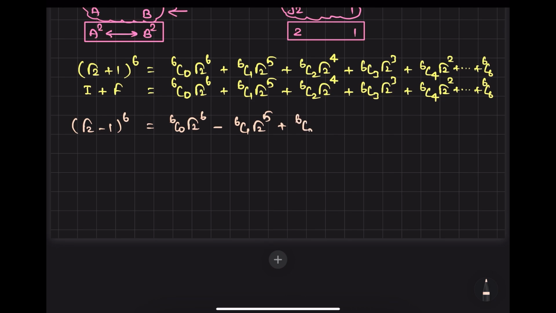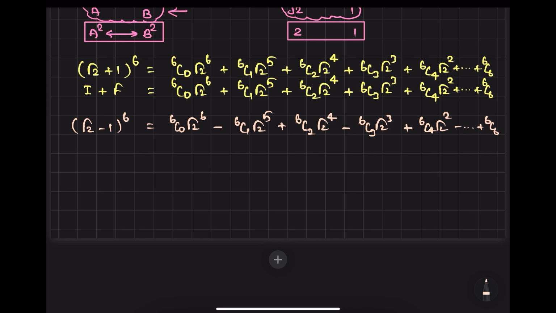Plus 6C2 root 2 power 4 minus 6C3 root 2 power 3 plus 6C4 root 2 power 2 minus dot dot dot plus 6C6 root 2 power 0 times 1 power 6.